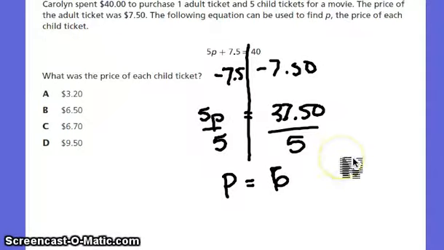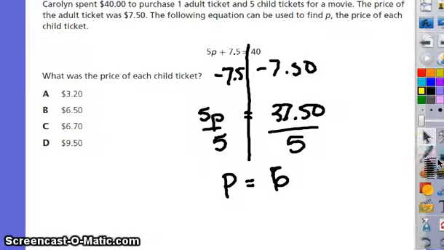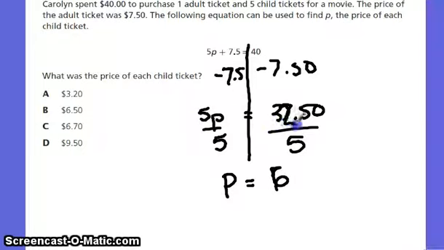Sorry about that. That is not $37.50. That is $32.50. Can't read my own writing. All right, $32.50. And when you divide $32.50 by 5, that gives you $6.50, which is B.